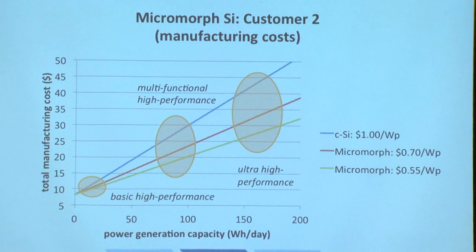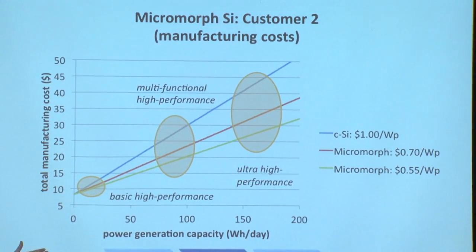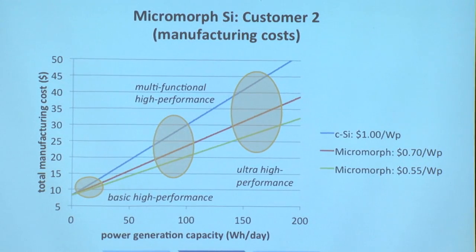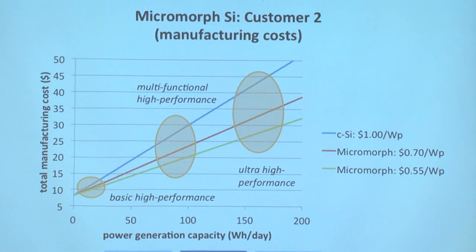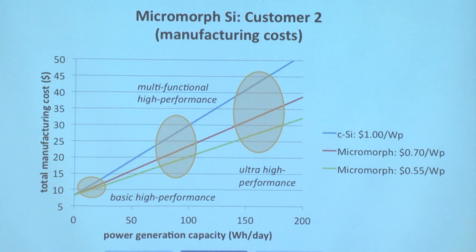To give you an idea of what these are capable of, the basic might be able to provide about 5 hours of light a day and a cell phone charge. The medium one could charge 20 cell phones, so this could act as a community cell phone charging center. And then the high performance one could even power things like sewing machines and TVs. So lifestyle changes or entrepreneurial opportunities.